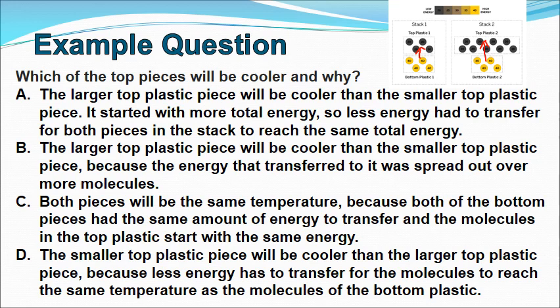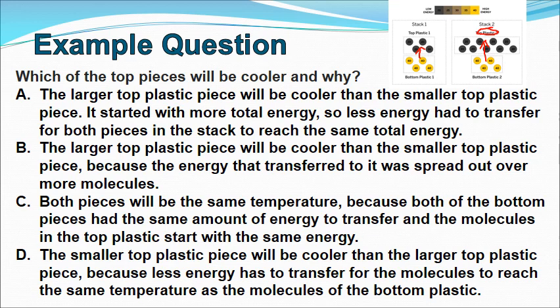So first we need to think about how many molecules there are. There are way more molecules in top plastic number 2. There's just a lot more than there is in top plastic number 1. So the bottom plastic is going to have to transfer a lot more energy to get the top plastic to equilibrium, whereas over here, stack 1, they're going to have to transfer less.